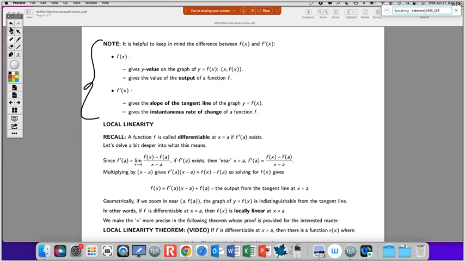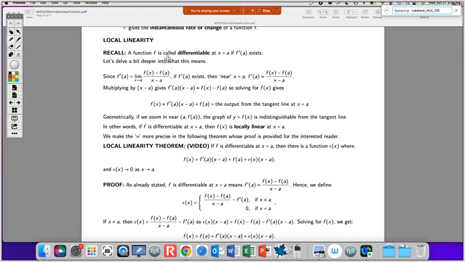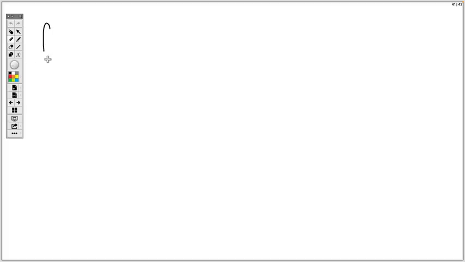All right, local linearity. So, how do we make this precise? Let's go back to the definition of derivative that we talked about yesterday.